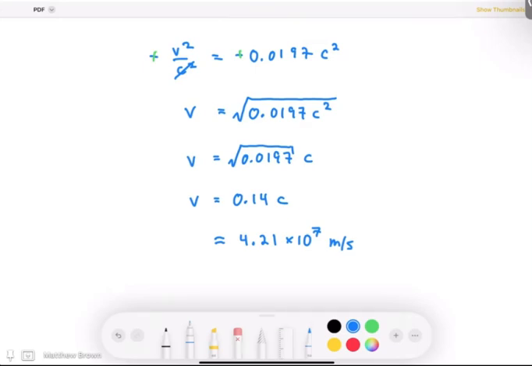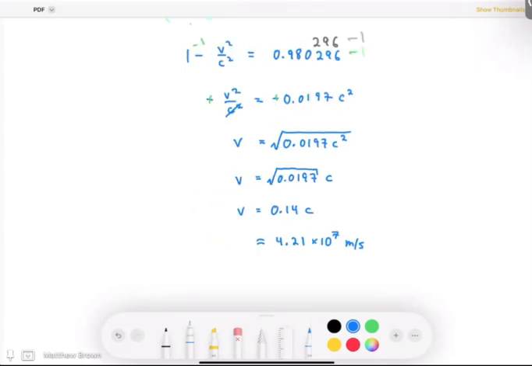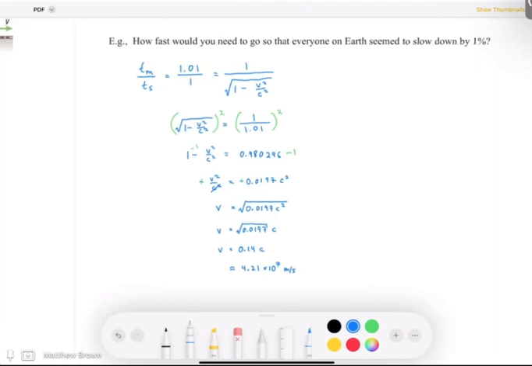To me, it's almost easier just to think of 0.14 c. Like I said, 4.2 times 10 to the 7 meters is about the circumference of the Earth, sort of an average. So if you could go around the Earth in 1 second, then you'd see this time dilation of about 1%. So it's not much.